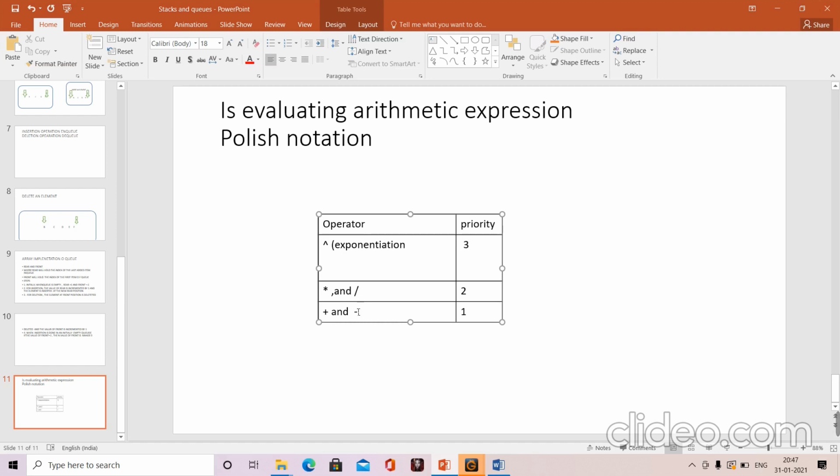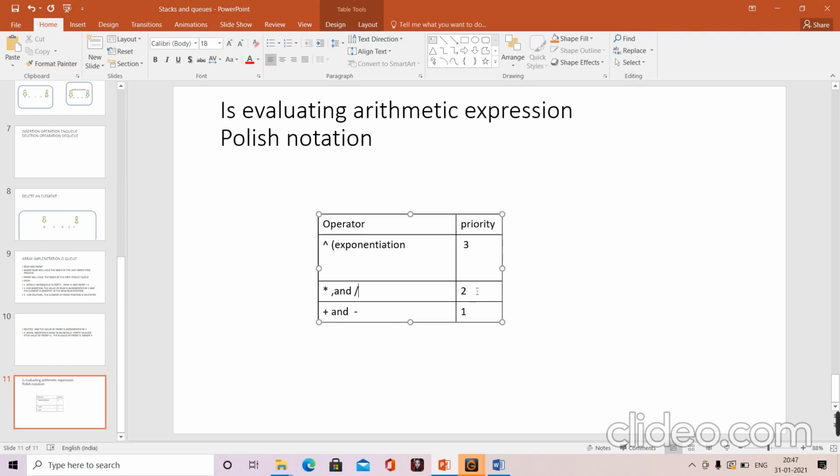Now if two operators have the same priority, let's take an example, multiplication and division. All right, in your expression if you have these two operators, which operator will be performed first, because both of these operators have the same priority?